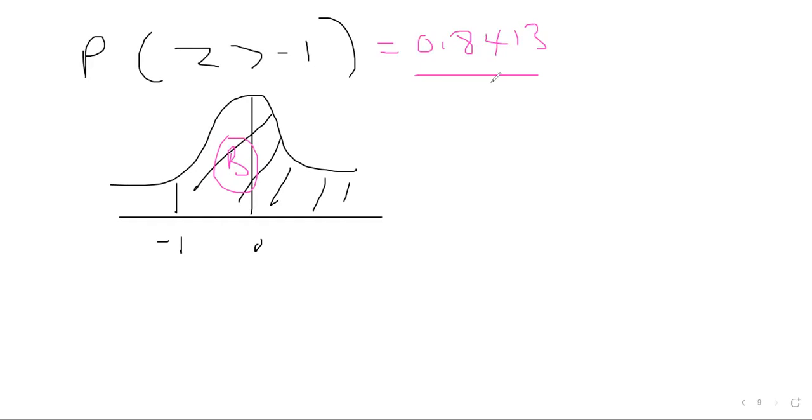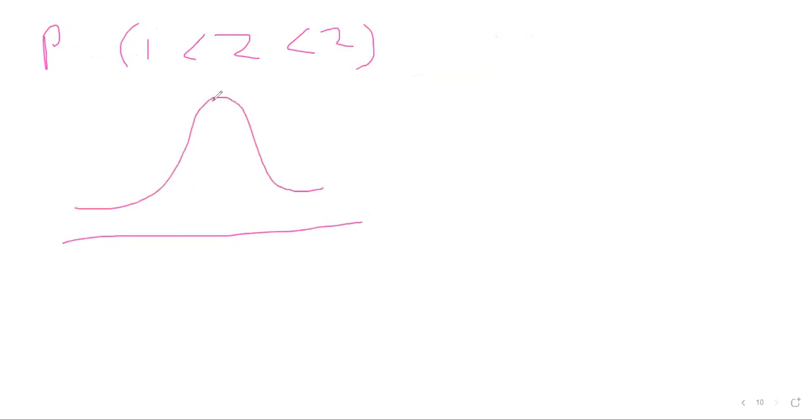So these ones, I'm sure you don't have a problem. Where we have a problem is the intervals. Suppose we have an interval between 1 and 2. Both of them are positives. This is the easiest case because they are all on one quadrant. So if they're all on one quadrant, we just simply subtract the smaller one from the bigger one.